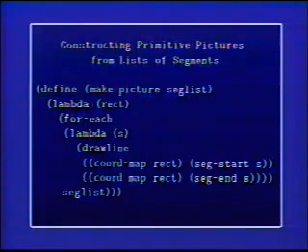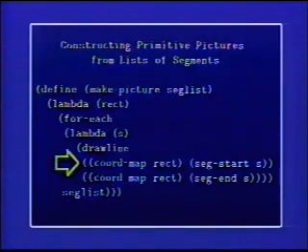What does it do? For each segment S in this list of segments, it draws a line. What line does it draw? It gets the start point of that segment and transforms that by the coordinate map of the rectangle.